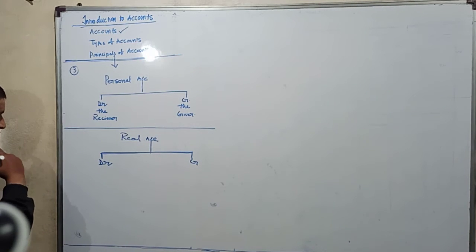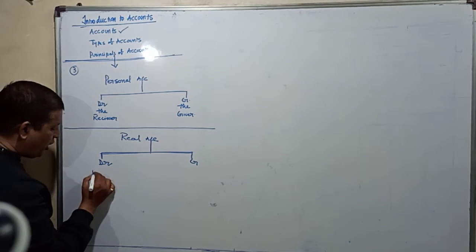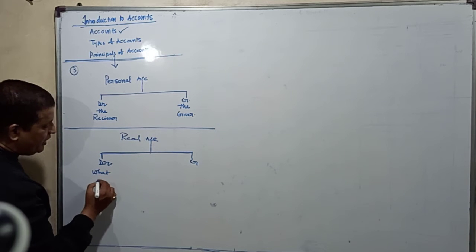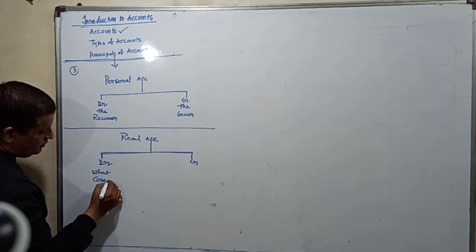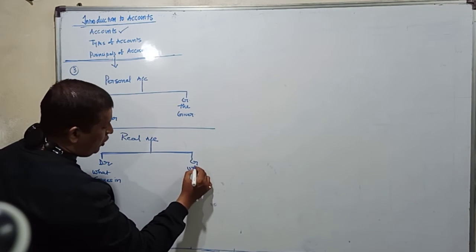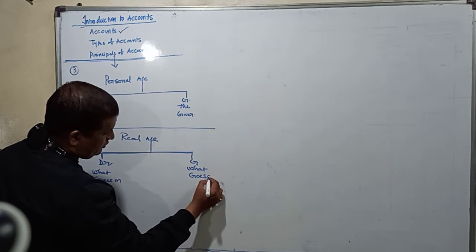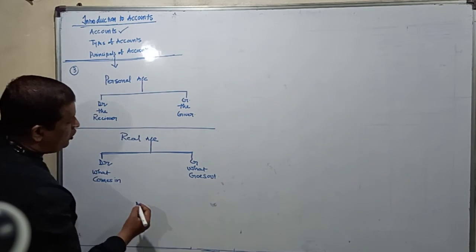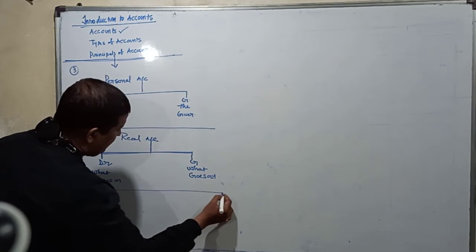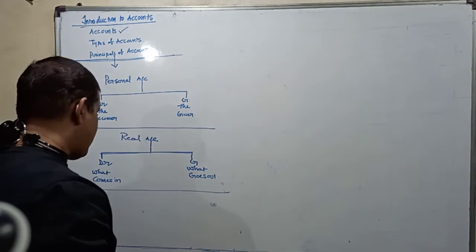So what is the principle here for real account? Debit what comes in, credit what goes out. So the rule or principle for real account is debit what comes in, credit what goes out.